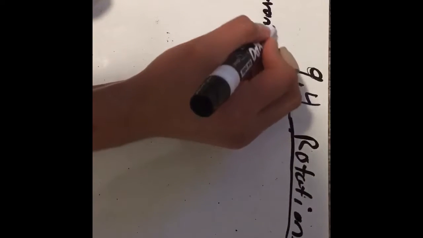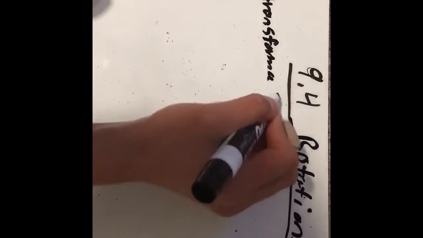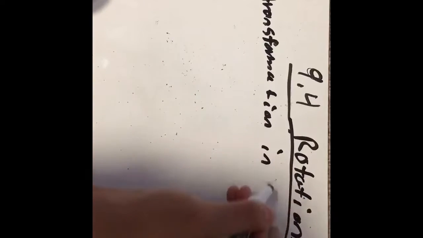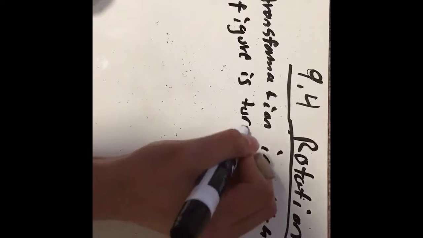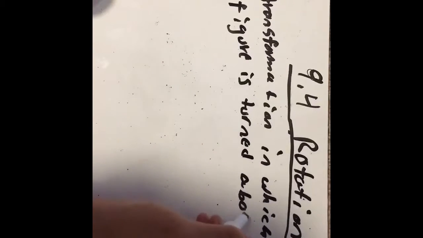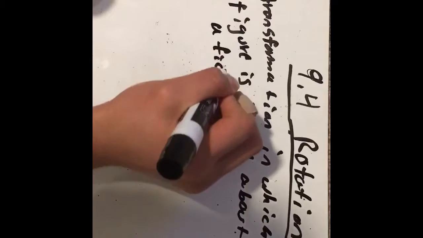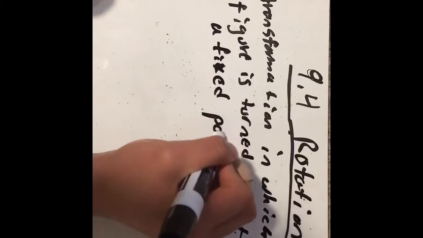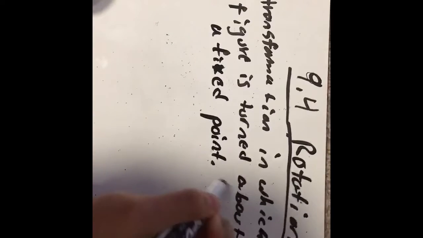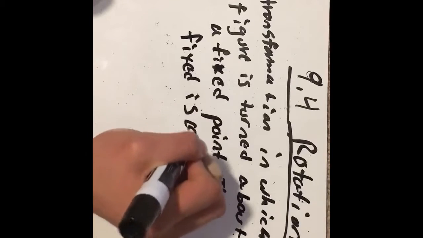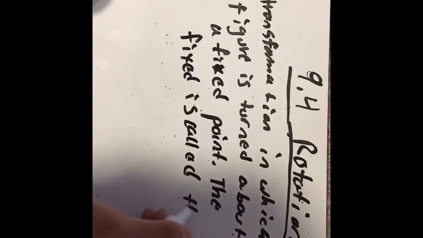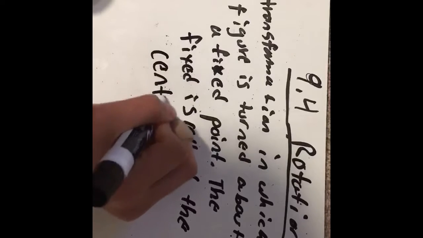A rotation is a transformation in which a figure is turned about a fixed point. The fixed point is called the center of rotation.